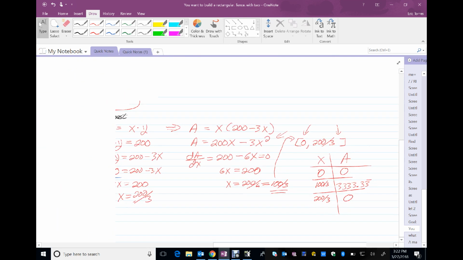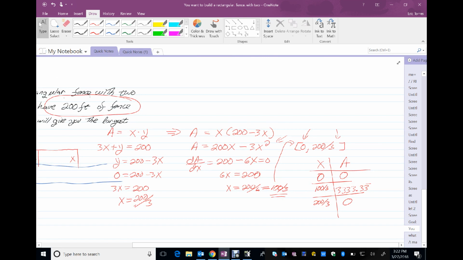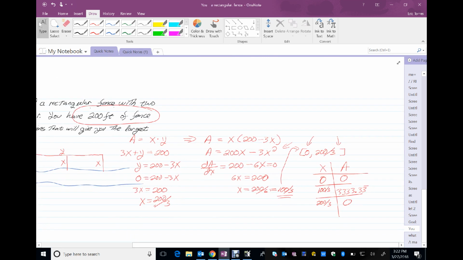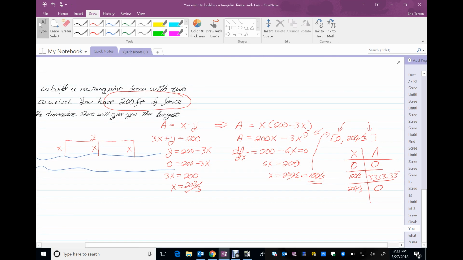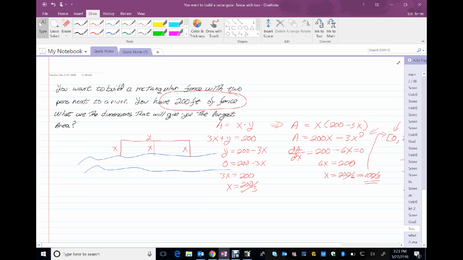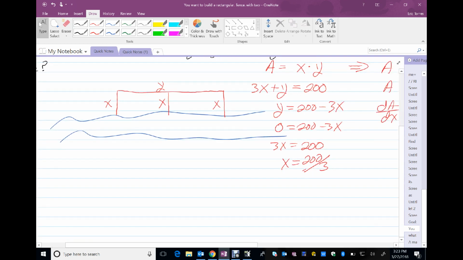So, let's make sure we've answered the question now. We know that the 100 over 3 x value will give me the largest area, but the question is, what are the dimensions that will give me the largest? So, x we know is 100 over 3. That's going to give me the largest. Let's find the y value.